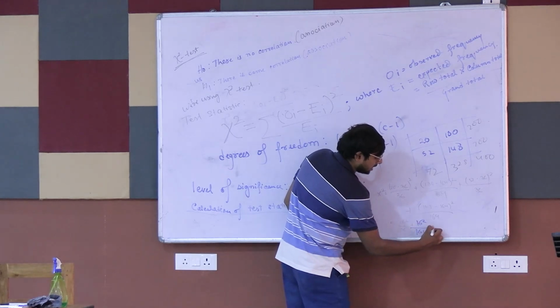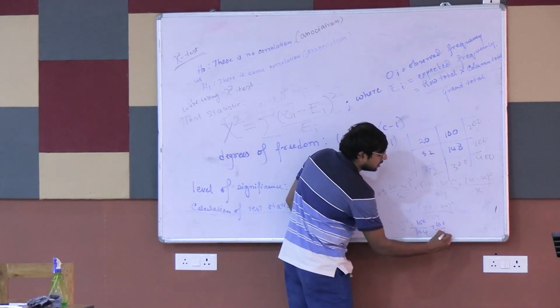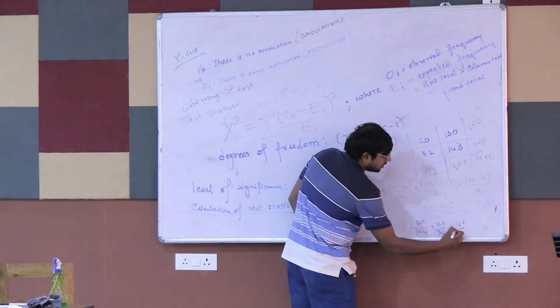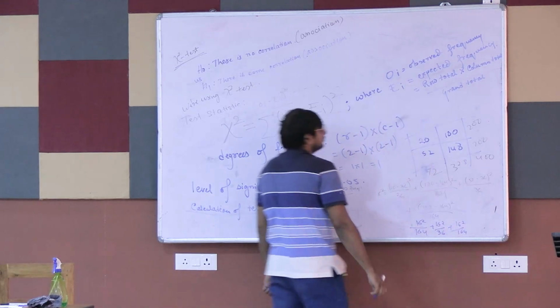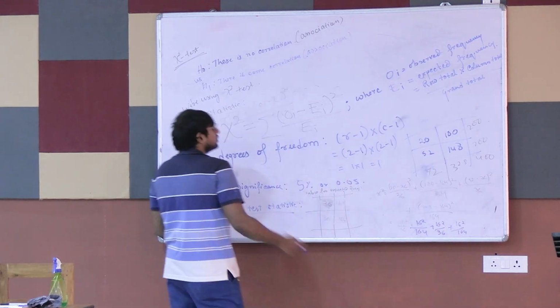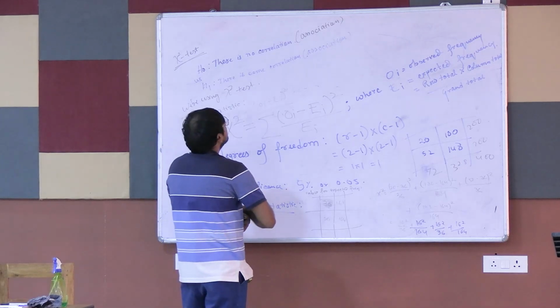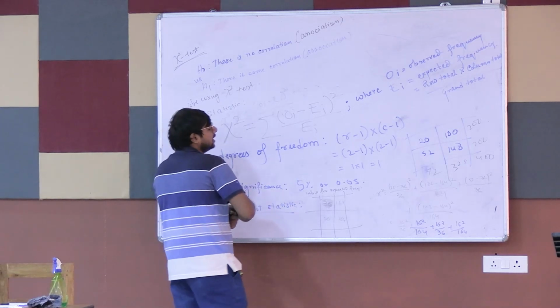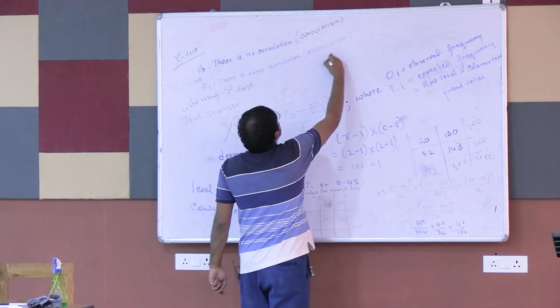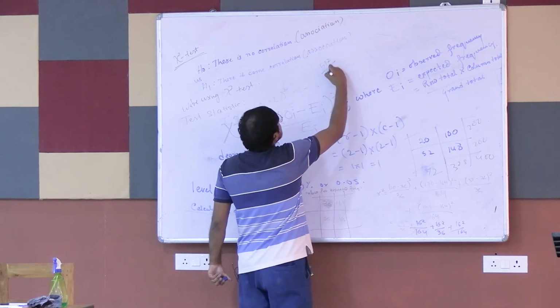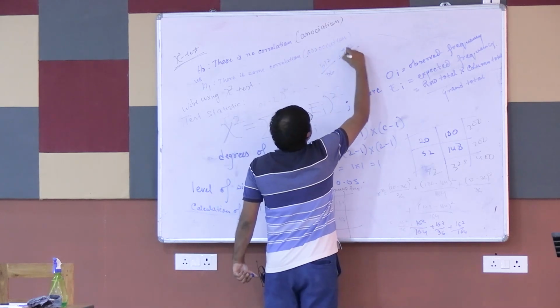Plus 16 square by 36 plus 16 square by 164. So whatever that comes out to be, what is 16 square? 256. 256 into 2 is 512. 512 divided by 36 plus 512 divided by 164.